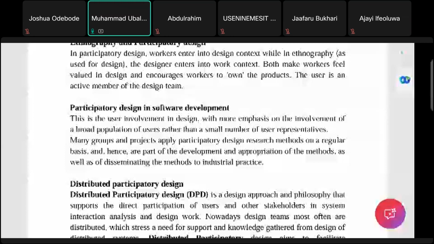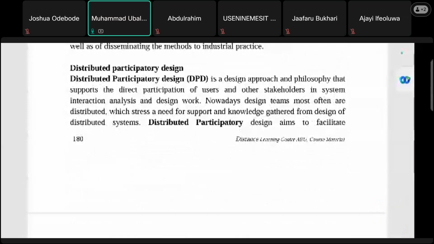And then lastly, it is considered to be widely used in modern design practices. That is one thing about participatory design in software development.